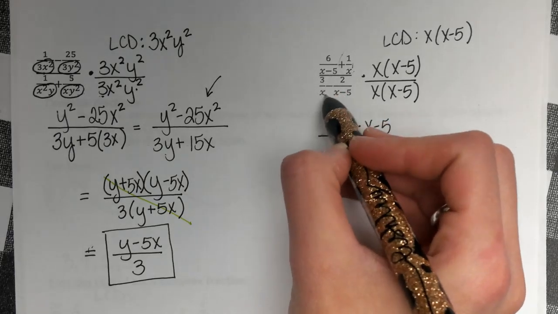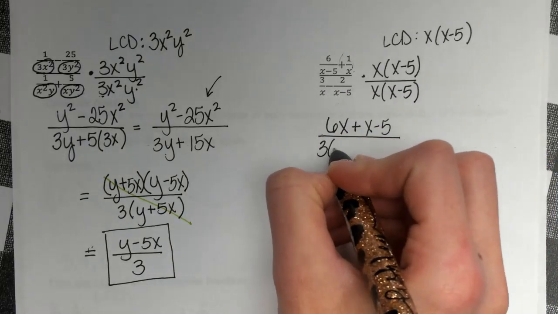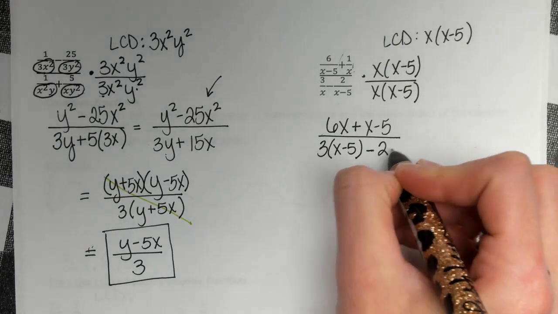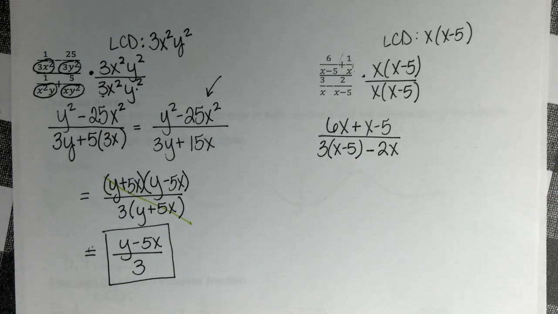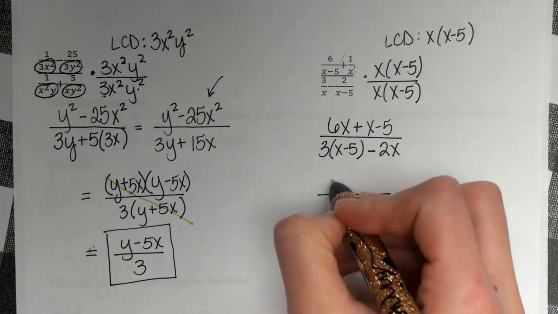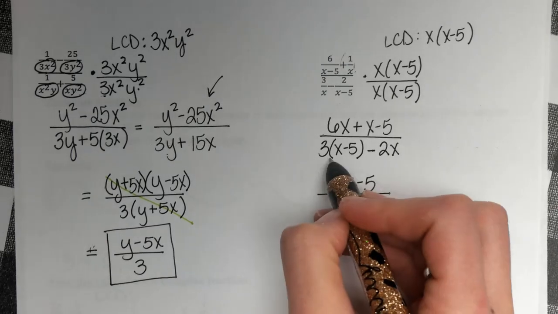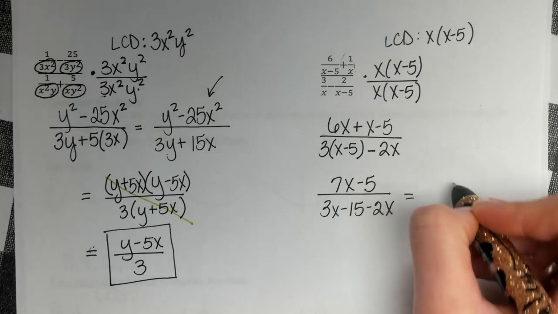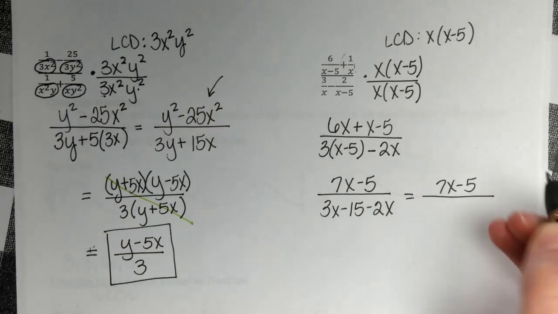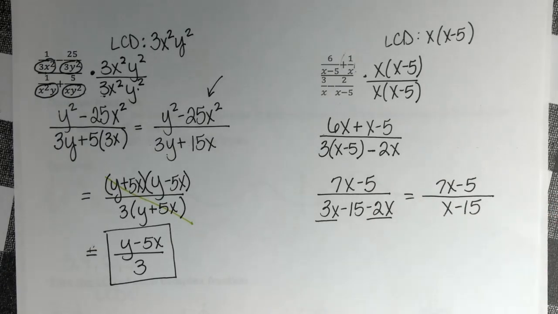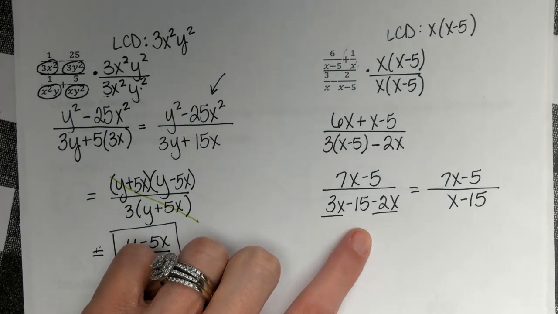The 3, what am I multiplying that by? Minus 2x. We good with that? Alright, then we just got to clean it up. So that gives me 7x minus 5. This is 3x minus 15 minus 2x. So 3x minus 2x, 3 minus 2, gives me 1.